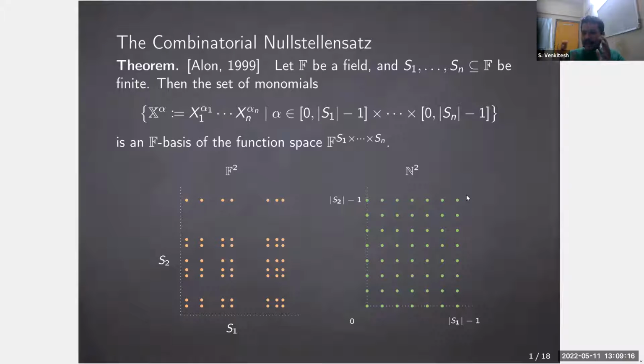This finite product set of non-negative integral 2-tuples indexes the set of all monomials which will form a basis of the whole function space on S1 cross S2. This is precisely Alon's Nullstellensatz, and we'll start from this point.